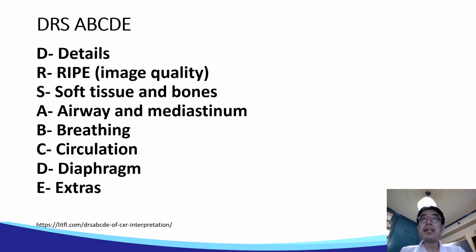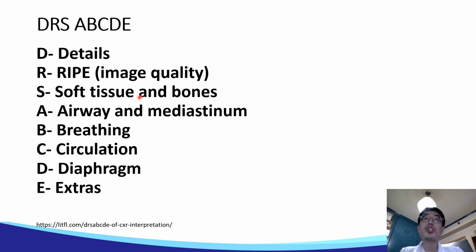There are many systematic approaches to reading a chest x-ray, but personally, the one I find easiest to use is Doctors A, B, C, D, E. D for details, R for RIPE, which is another acronym pertaining to image quality, more on that later.